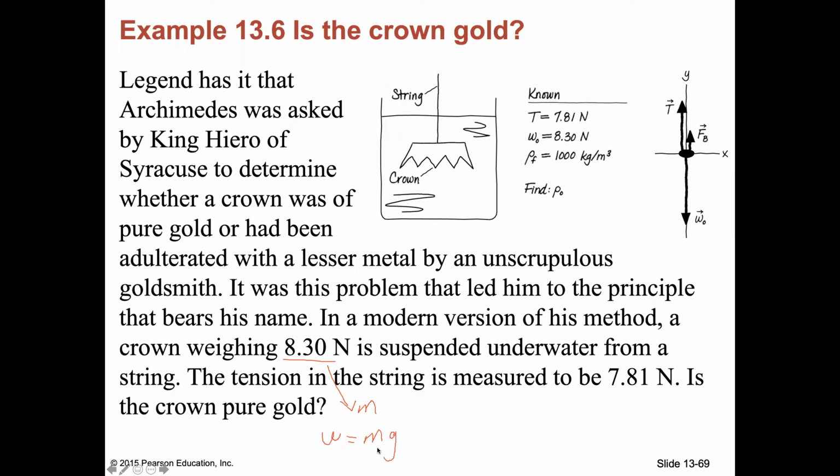If you know the weight, then you know the mass. And the goal is to calculate the density. Density equals what? The mass over V. So now you know weight, you know mass. If you know the volume of the crown, you can calculate the density of the crown. So how to measure the volume of the crown?